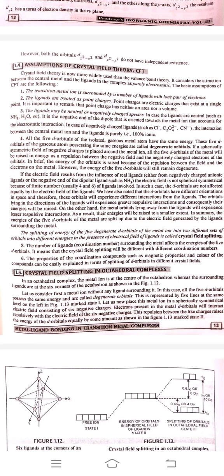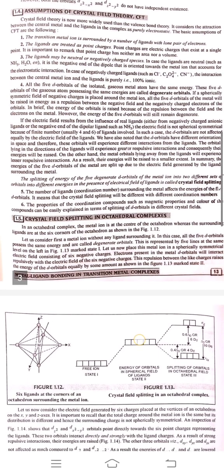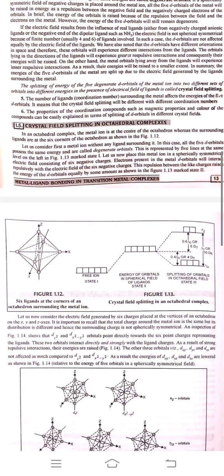The number of ligands surrounding the metal affects the energies of the 5 d orbitals. It means that crystal field splitting will be different for different coordination numbers. Properties of coordination compounds such as magnetic property and the color of the compound can be easily explained in terms of splitting of d orbitals in different crystal fields.